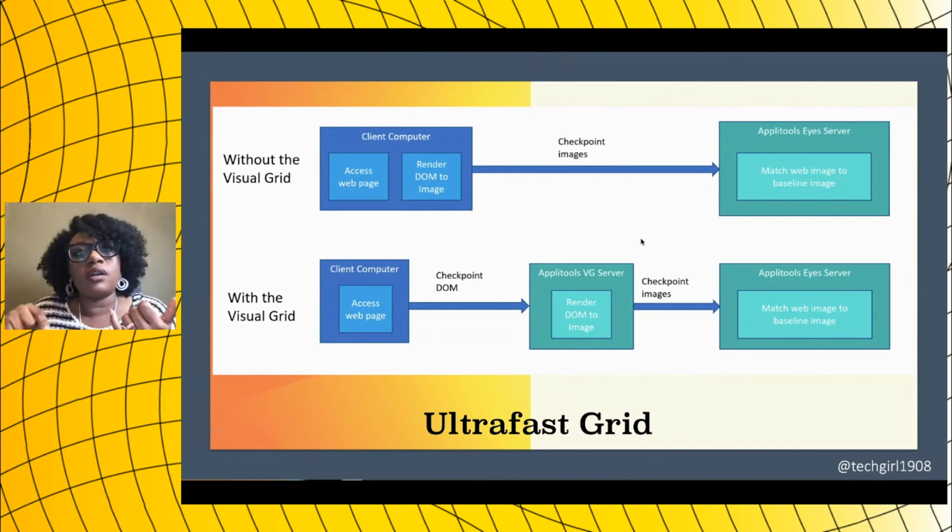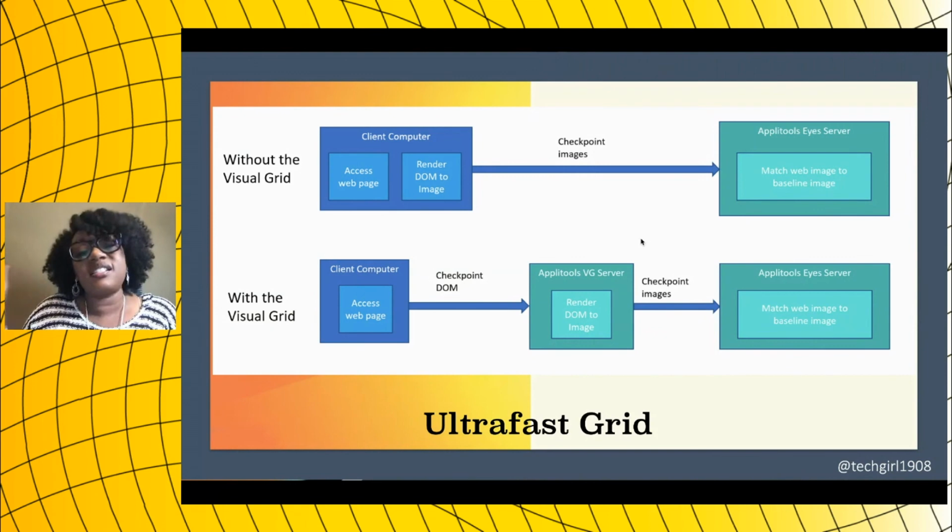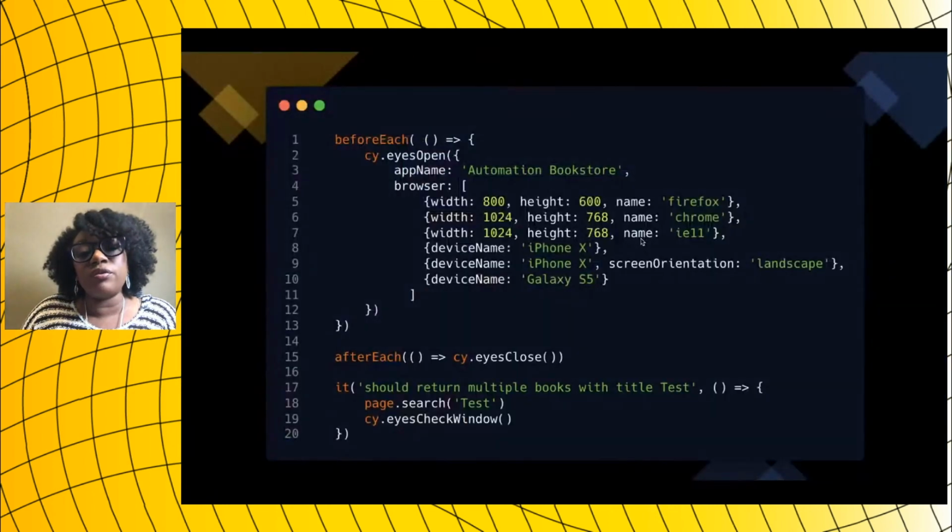So the DOM, the JavaScript, the CSS, all of that, and it blasts that into all of the configurations that you specify. So different browsers, different window sizes, mobile, all of that. And it puts your application on those viewports in the state that you want it in. So it doesn't have to re-execute all of this. And all of this is done in parallel. So it makes it really, really fast.